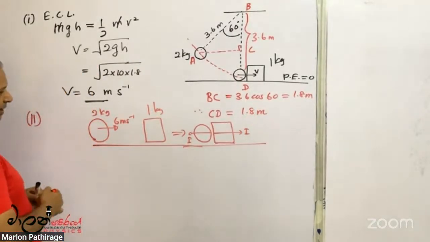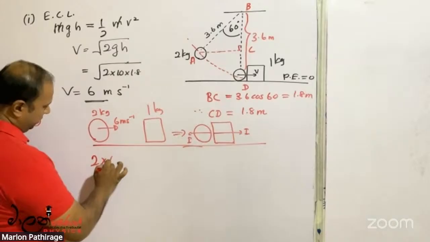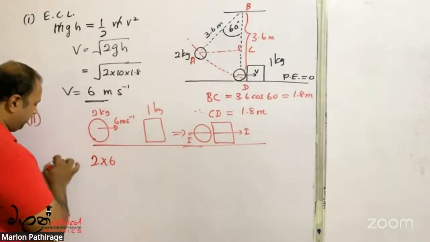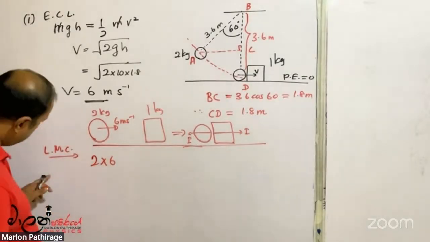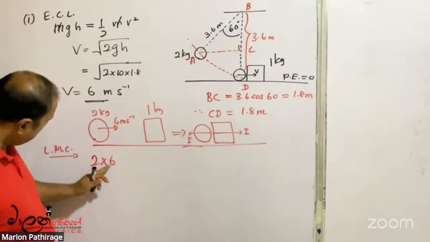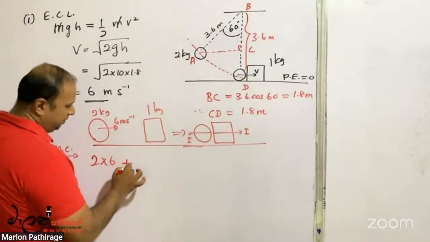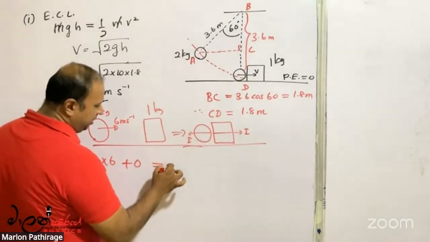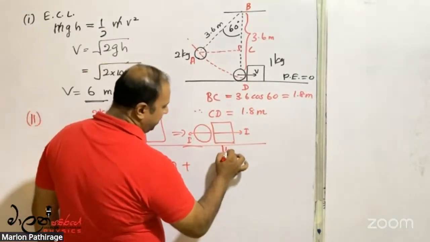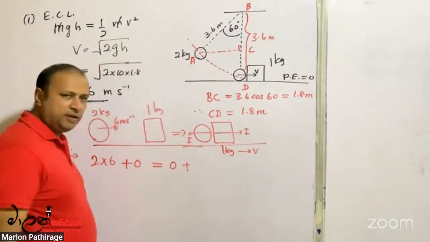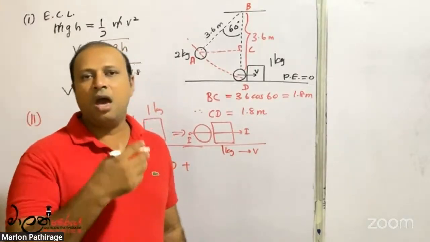Then the initial momentum is 2 into 6. That is the initial momentum. Finally, the momentum on this side is 0, and you need to determine the velocity of the 1 kg object, which is the velocity just after collision.